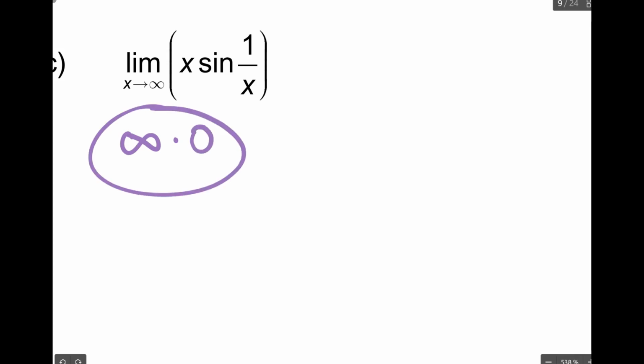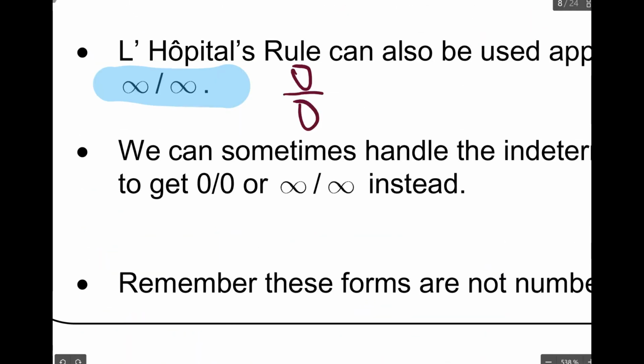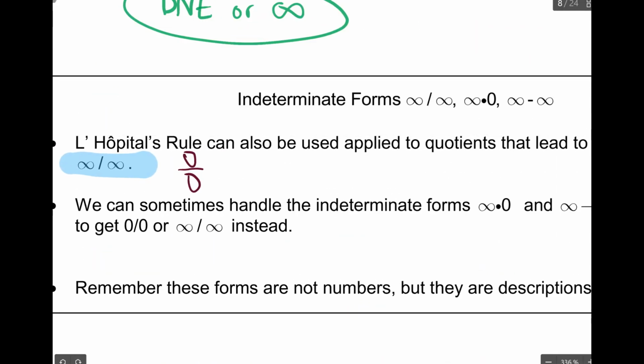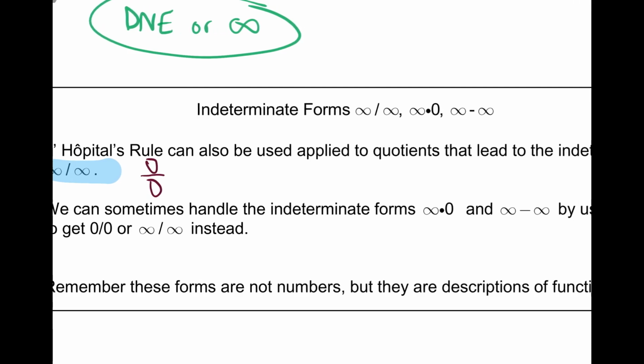So it's infinity times sine of 1 over infinity, which is infinity times sine of 0, so infinity times 0. That's an indeterminate form. Sometimes we handle the indeterminate form infinity times 0 by trying to get 0 over 0 or infinity over infinity instead.